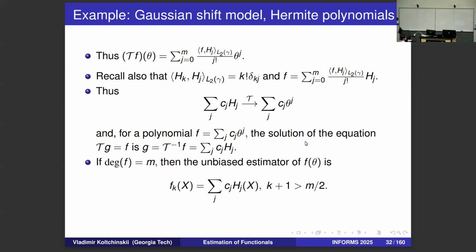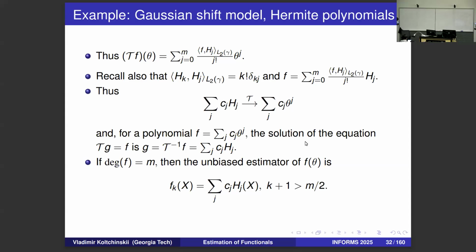So this Neumann series method that we discussed gives us this answer in this case, and this is a well-known answer in statistics: how to construct an unbiased estimator of a polynomial based on IID observations from the standard normal model with variance 1.